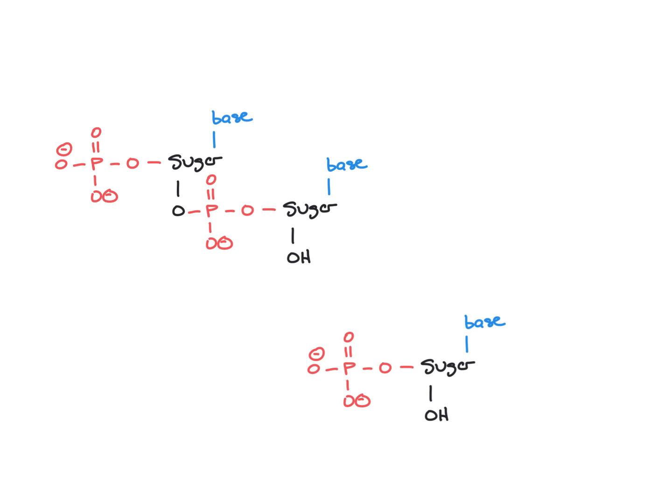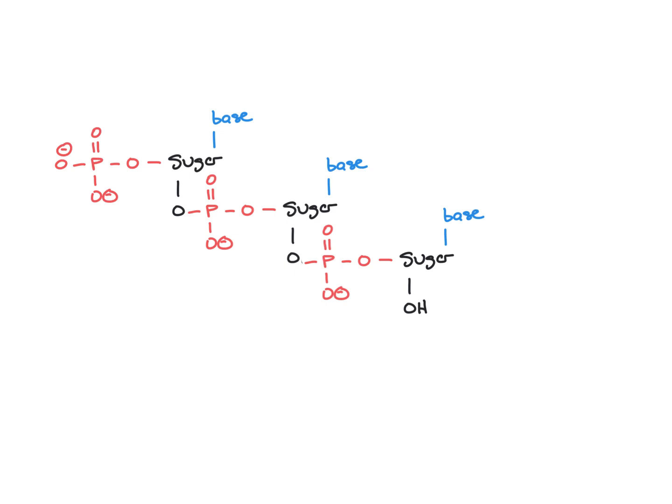Let's do that again. Another oxygen from this sugar, bond to there. And keep in mind that these don't have to be the same base. This can be base 1, 2, and 3, and that's what changes from each nucleotide in the sequence. And this gives us our nucleic acid sequence.